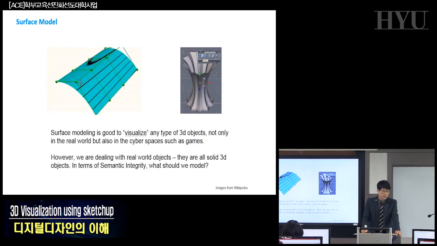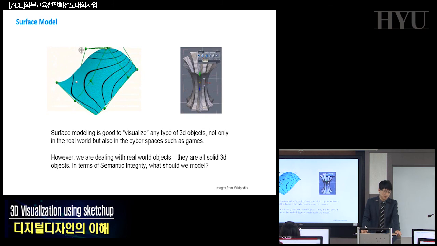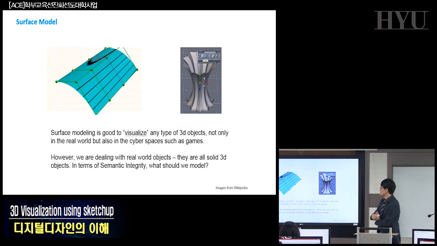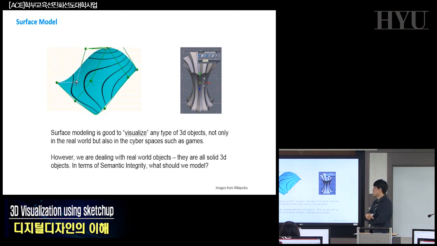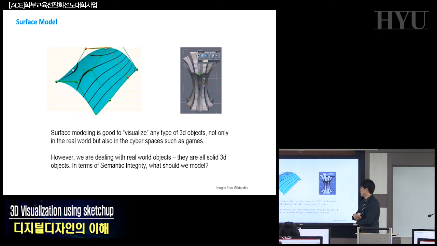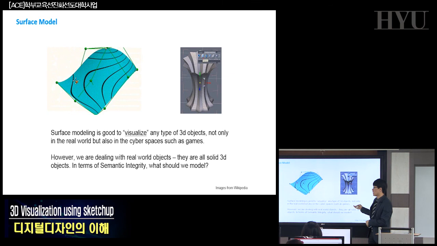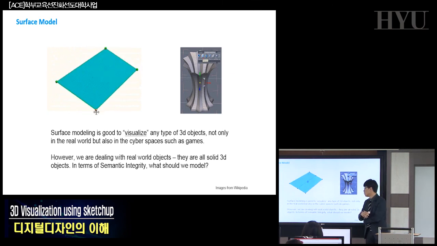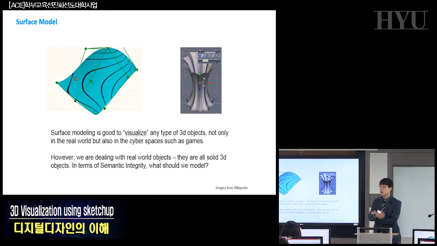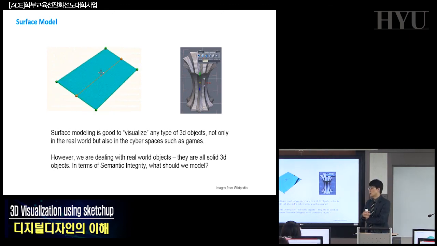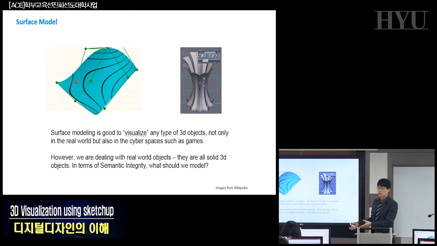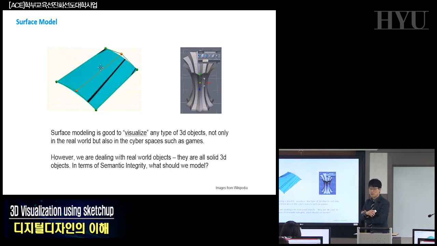Let's talk about surface-based model. What is a surface-based model? Surface modeling is really handy and efficient and, simply said, good to visualize any type of 3D objects, okay? Not only real world objects, but also certain kinds of virtual objects, such as game characters, game objects, or houses, certain kinds of built environment. In a game environment, they are all surface-based models.